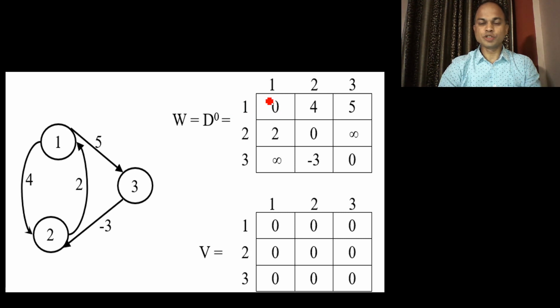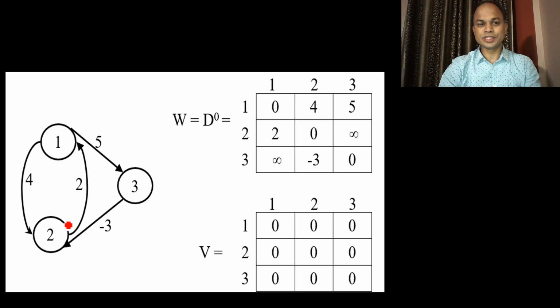The distance from 1 to 1 is 0, because the distance from a node to the same node is always 0. 2 to 2 distance is 0, and 3 to 3 distance is 0. When we talk about the distance from 1 to 2, this distance is 4. We have marked 4. Similarly, the distance from 1 to 3 is 5. The distance from 2 to 1 is 2.